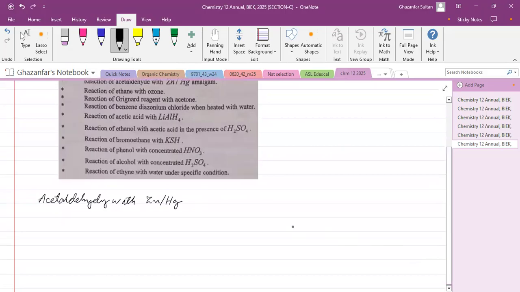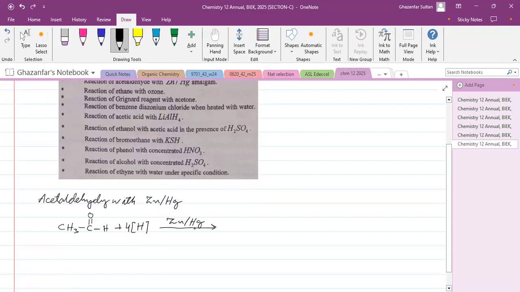Actually this is a reduction reaction where acetaldehyde, that is in IUPAC name ethanal, reacts with this mixture and that produces hydrogen in nascent form, newly produced hydrogen in atomic form.